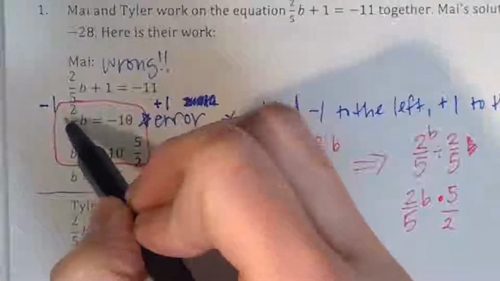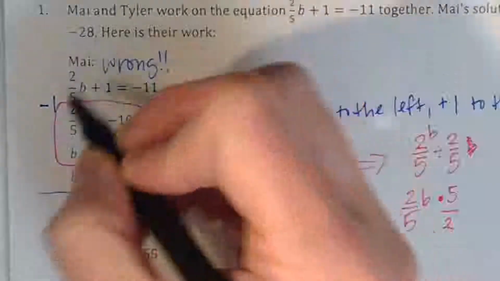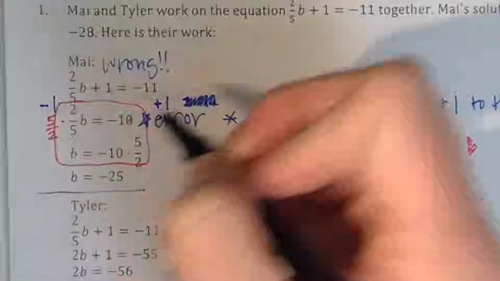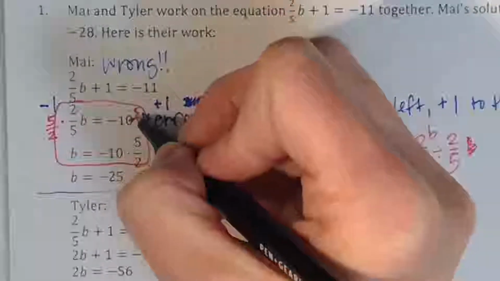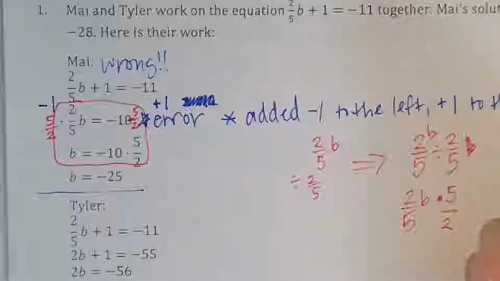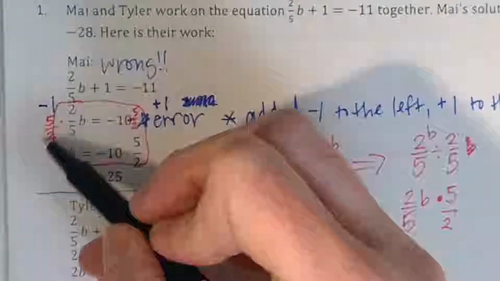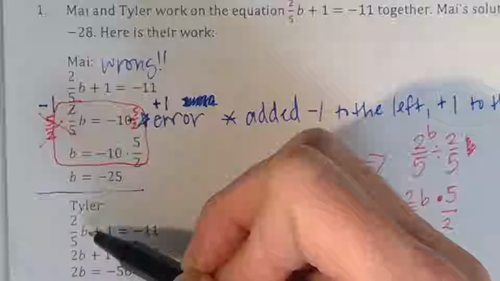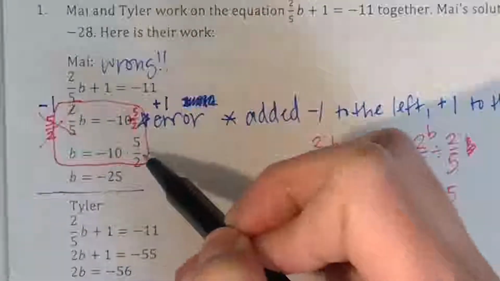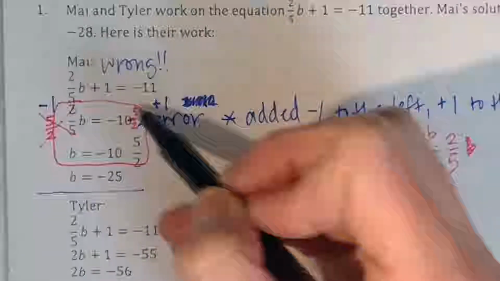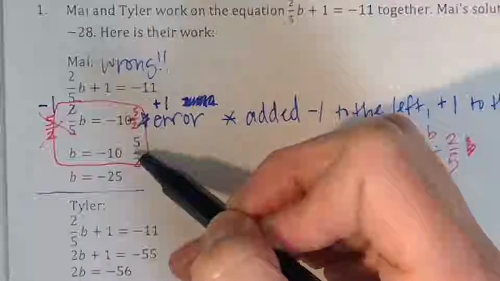So finally, if we come back to what Mai did over here, she actually multiplied each side by 5/2. On the left, my numbers cross cancel and I have just b. Now, I'm assuming that she didn't do the math on the right side just so that you could see the step.